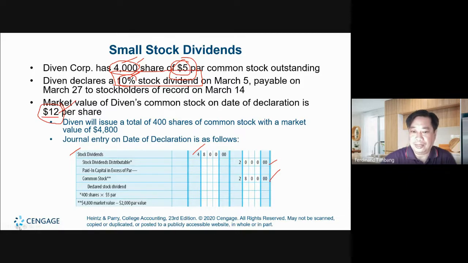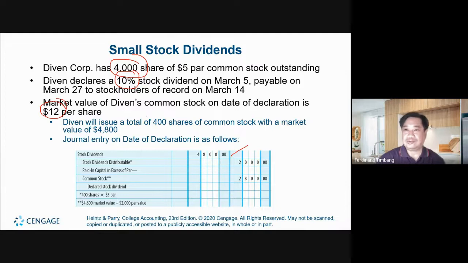So we debited the amount of 4,800, again based on 4,000 times 10%, and we use the market value of the stock, which is 12 per share. Any excess between these two, 12 and the 5, will be credited to the paid-in capital in excess of par, or the premium, as we also call it. Premium or share premium, that's also possible.